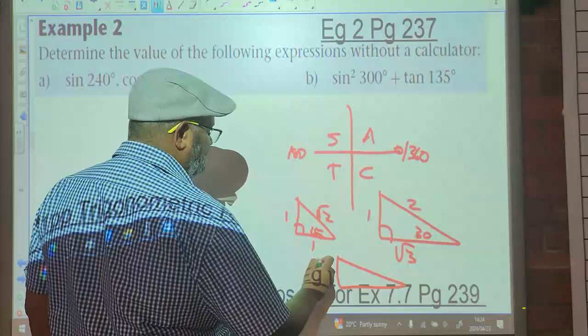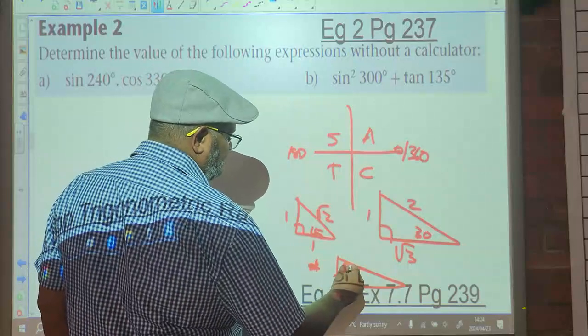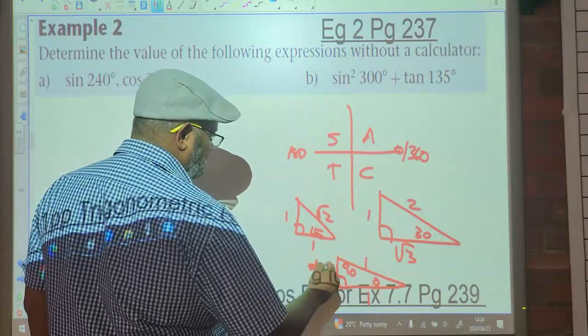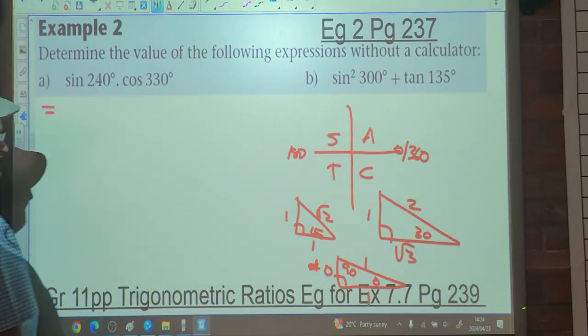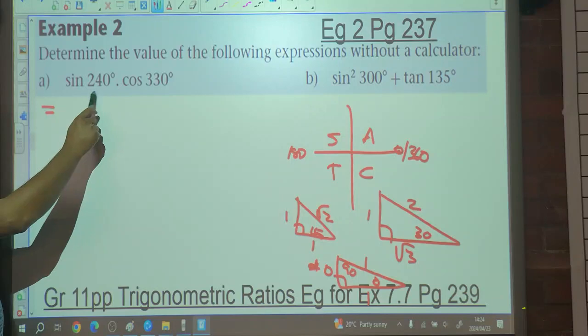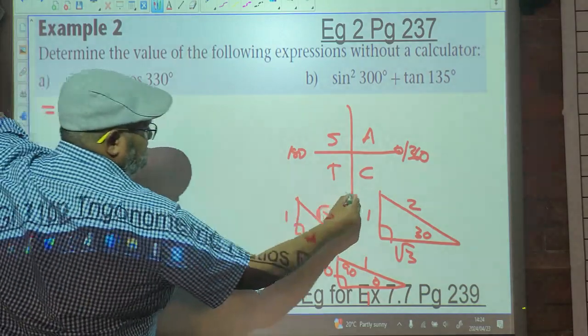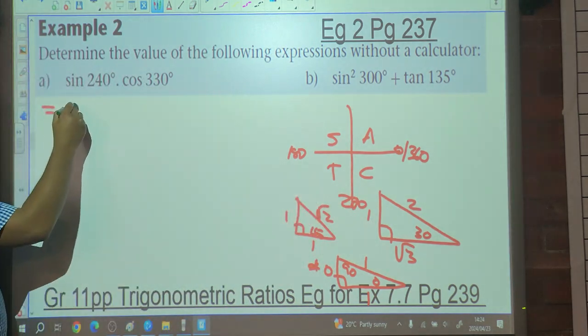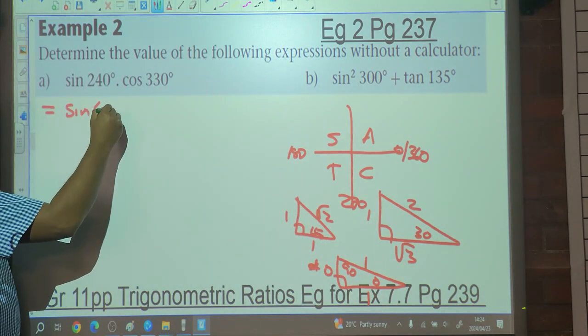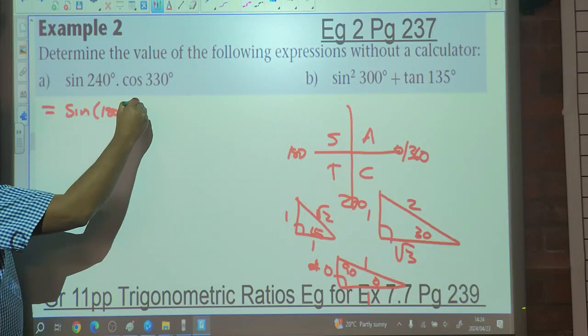And of course the 90 is not a triangle: it's 90, 0, 1, 1, 0. Okay. So 240, people. 240 is in which quadrant? Third quadrant. How do you get in the third quadrant? 180 plus 60. Done.